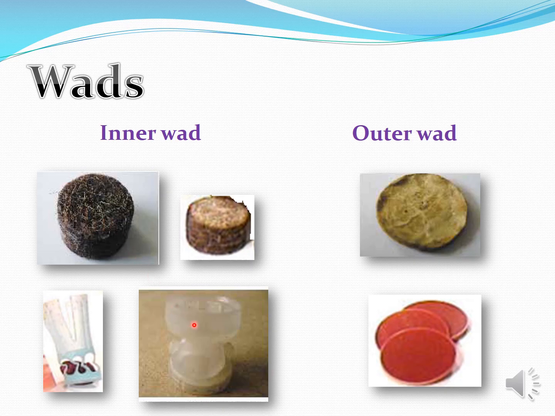How to comment on this image? It is a specimen of inner weight of recent type, of sporting gun, where it is plastic and carries the shots. How to comment on this?